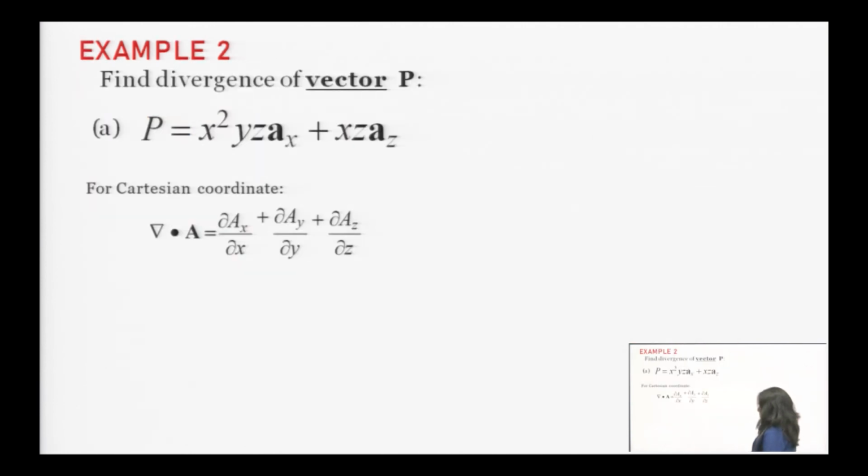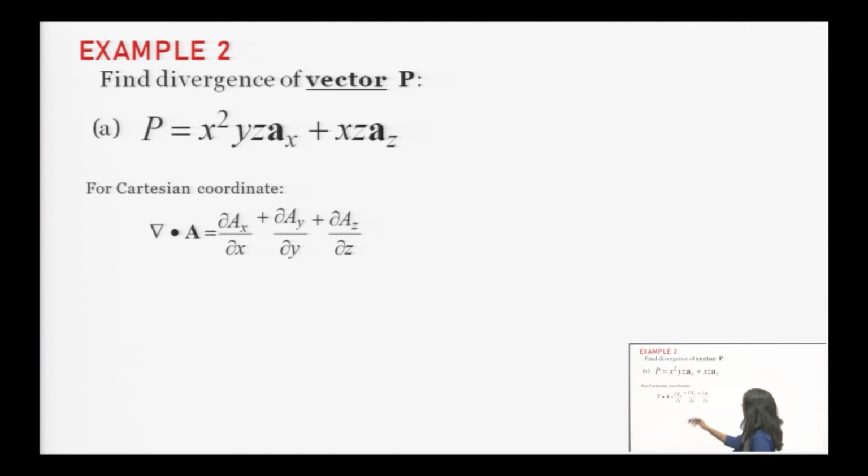Now we will solve some problems based on the divergence of a vector. Divergence of any vector gives the idea about how much a vector field diverges, whether it diverges, converges or moves parallelly. Here we can see that the vector p is given as x square y z ax plus x z az.